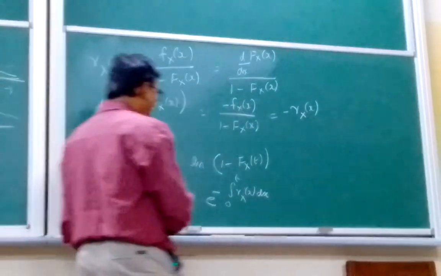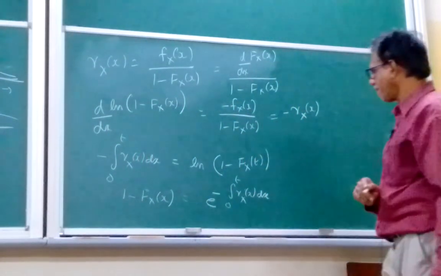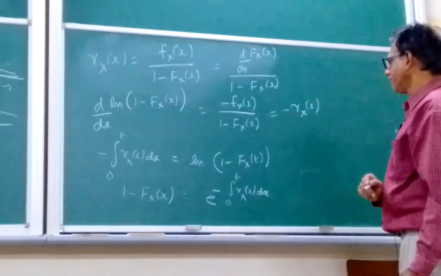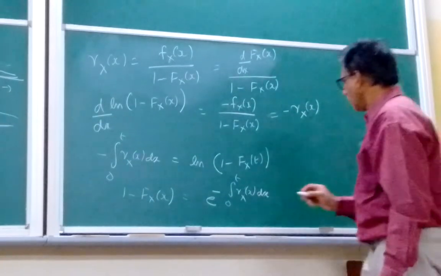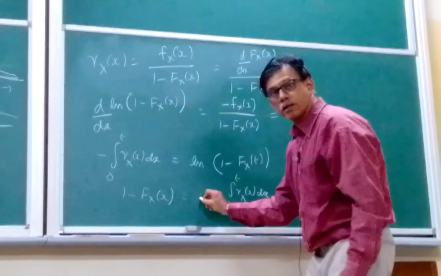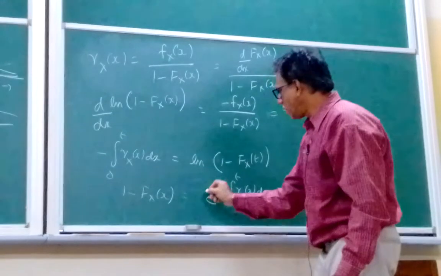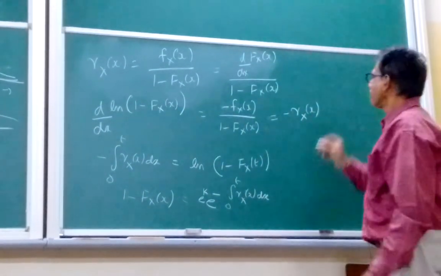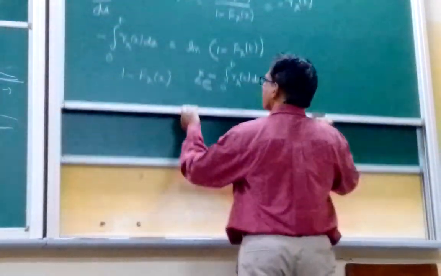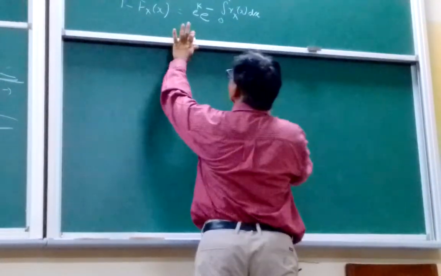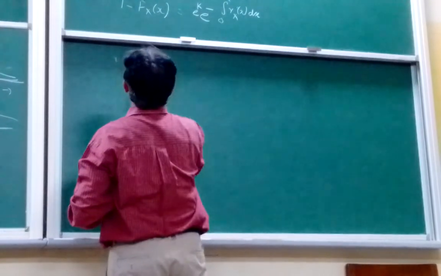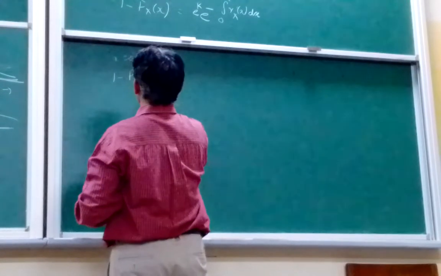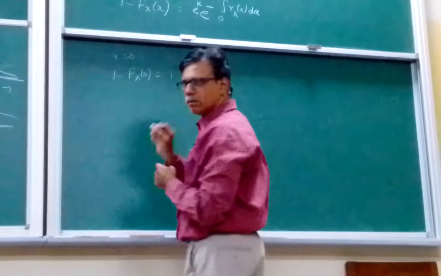Plus, actually, there can be a constant here. It is not going to affect me. There can be a constant here, which I can write as e power k also. So, to find that constant, if I put x equal to 0, what is 1 minus Fx of 0? That is just 1.